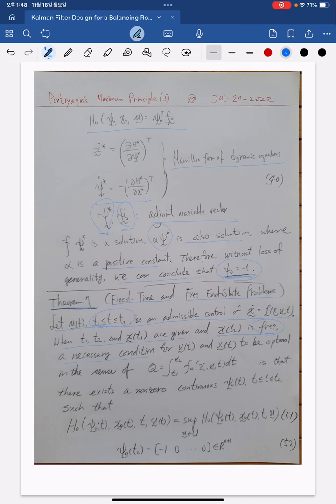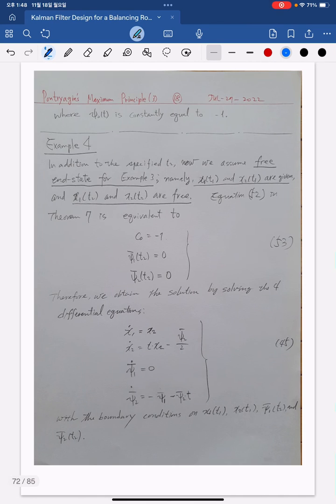A necessary condition for u(t) and x(t) to be optimal in the sense of the cost function is that there is a non-zero continuous psi 0(t), t in [t1, t2], such that H0 is the supremum over u, and psi(t2) is as follows, where psi 0 is a constant equal to minus 1.